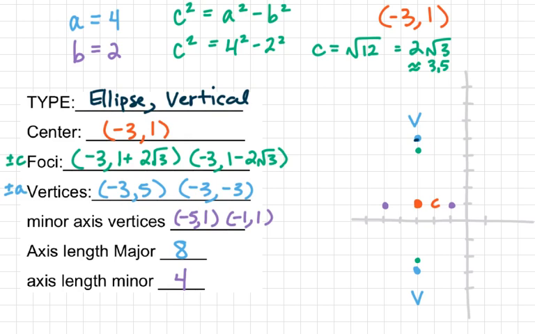And sketching my ellipse, let me try and make it look nice and round-ish, not pointed corners. We get something that looks like this. So here is our vertical ellipse. And of course, a horizontal ellipse would be very, very similar. We would just be changing where these A, B, and C values attach off of our center.